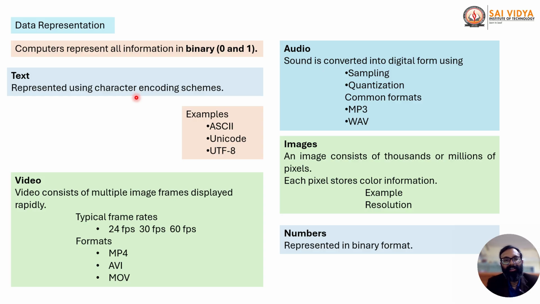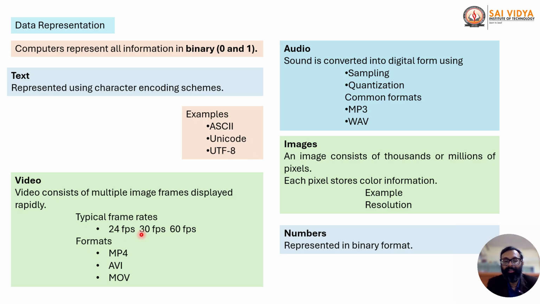How is data represented? In general, computers represent all information in binary, zeros and ones. Information or data is represented using text, video, audio, images and numbers. For text, the formats are ASCII, Unicode or UTF-8.